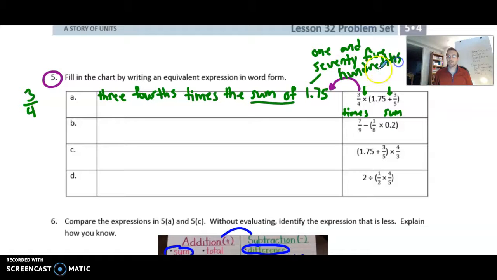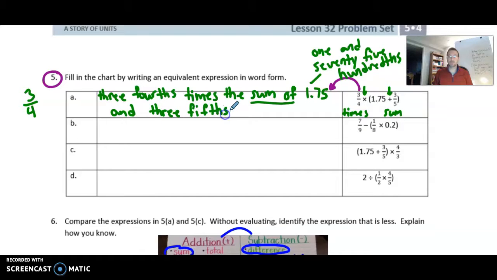Our main goal is to focus on these keywords more so than writing it over like this here. So again, 3/4 times the sum of 1 and 75 hundredths and 3/5.